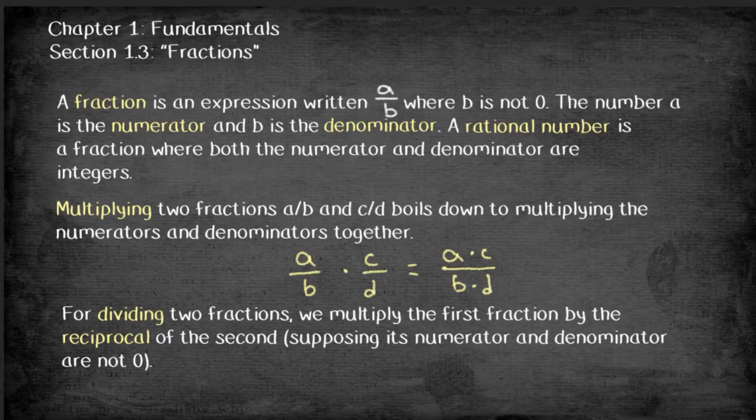If I have the number 1 over 3, then the reciprocal is 3 over 1. So the reciprocal of a fraction is simply the fraction which switches the numerator and denominator of the original.